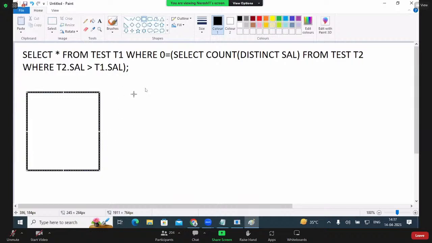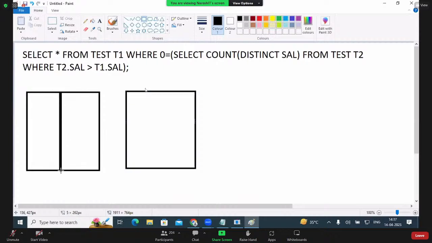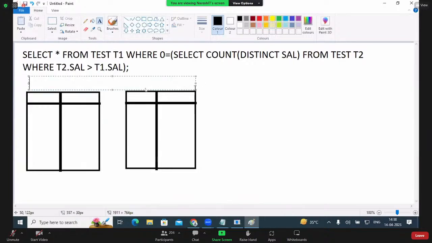So now I'm creating two alias tables. This is one table, and I will take one more with some columns. And these are your aliases.